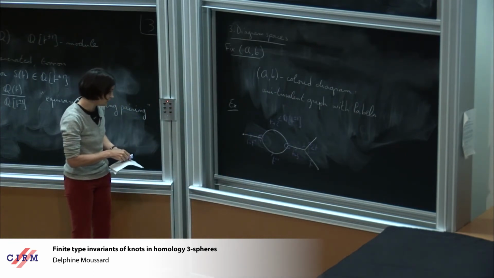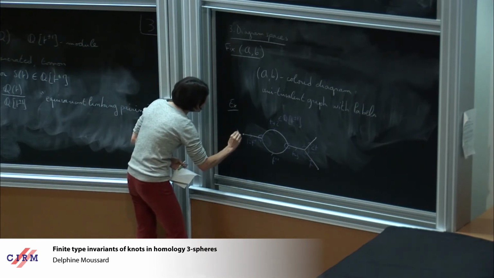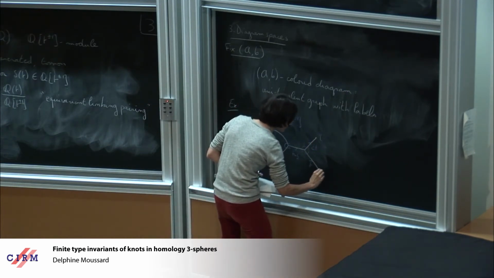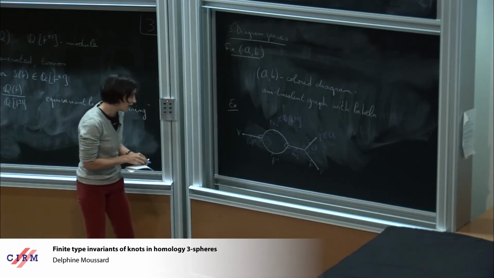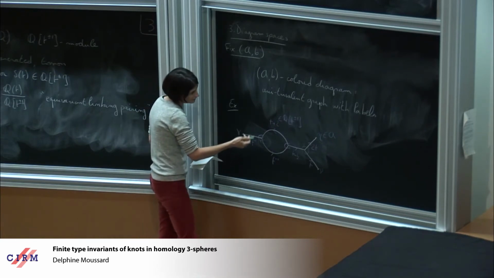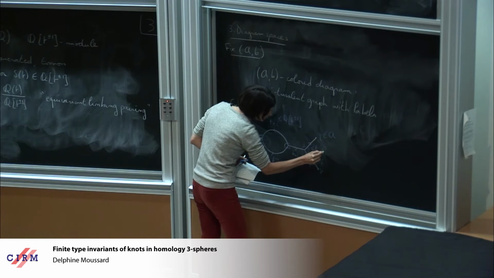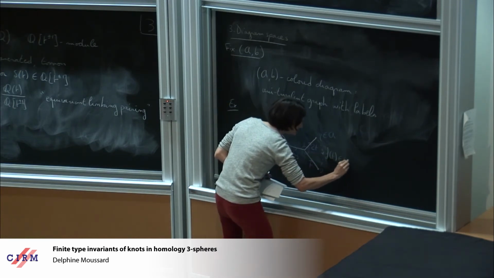Then the univalent vertices are also labeled by elements of the Alexander module A. And the last thing: for each pair of univalent vertices, we fix a rational fraction F(t).